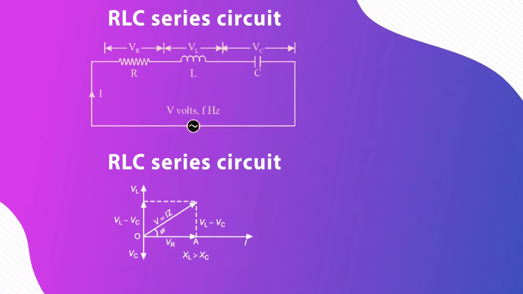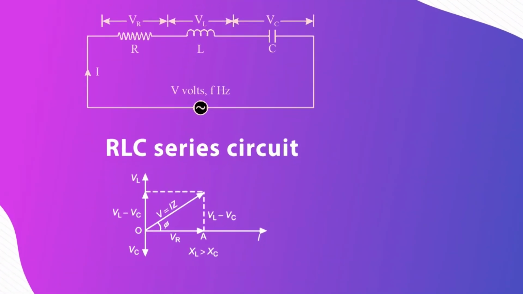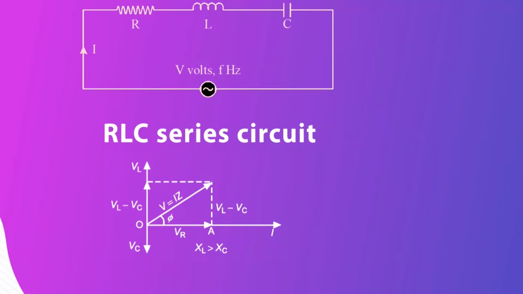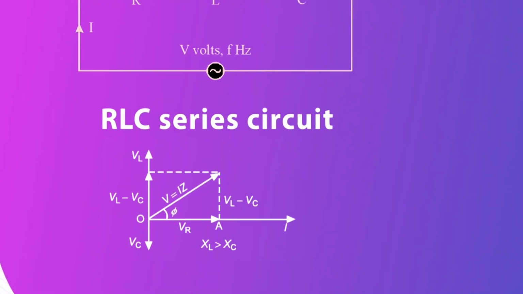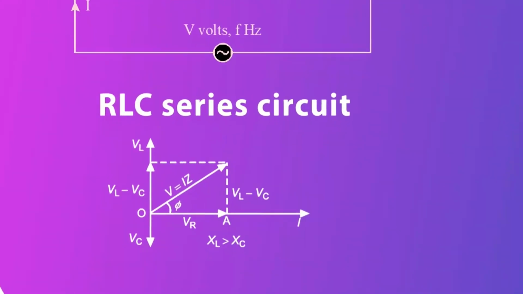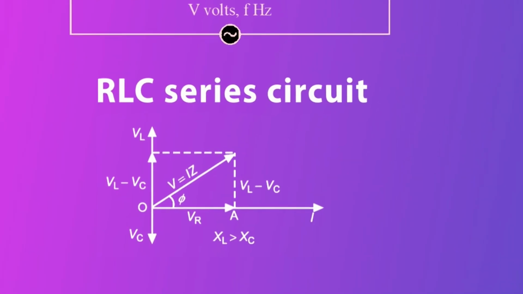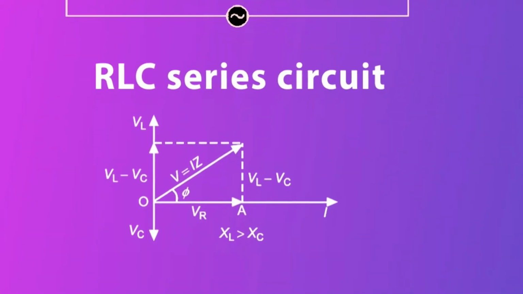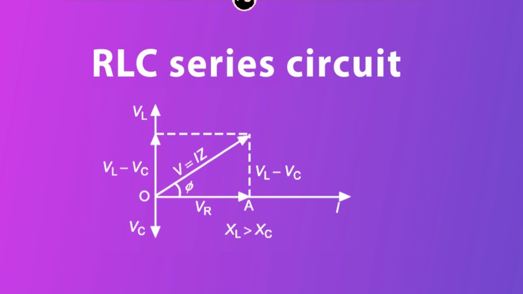Now because there is a voltage drop in pure resistance, that is VR, and as you know that in case of resistance, voltage and current are in the same phase, that means this VR will be in the same phase as current I, which has been shown as a component OA, having a voltage VR.